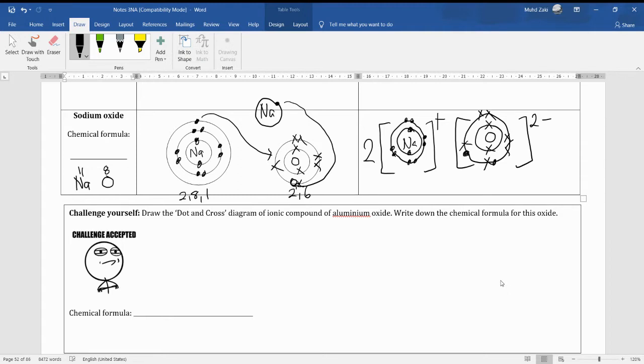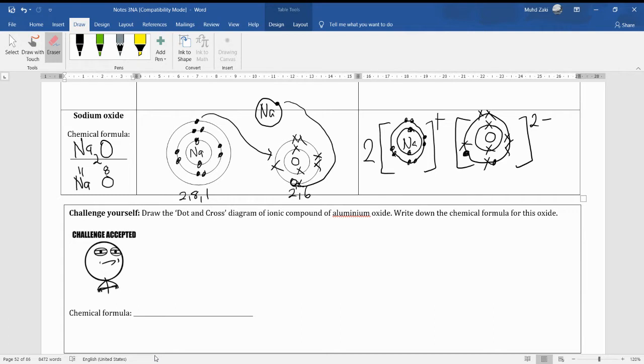So this is sodium oxide. Since there are 2 sodium, you write Na with a subscript 2. And since there's 1 oxygen, O. The number 1 is there, but we don't show the number 1.